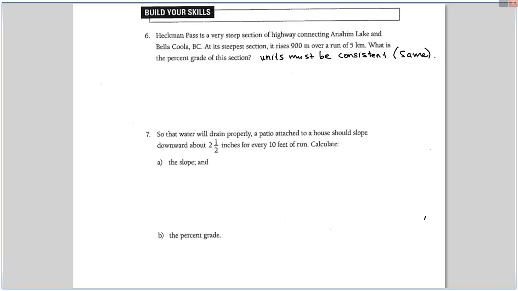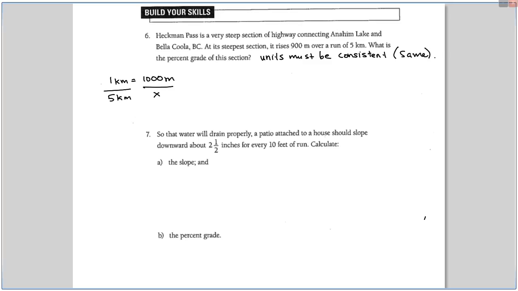All right. So the 900 meters or the 5 kilometers, which one should we convert? 1 kilometer is equal to 1,000 meters. So that means 5 kilometers, this one's super easy, it's 5,000, yeah, obviously.